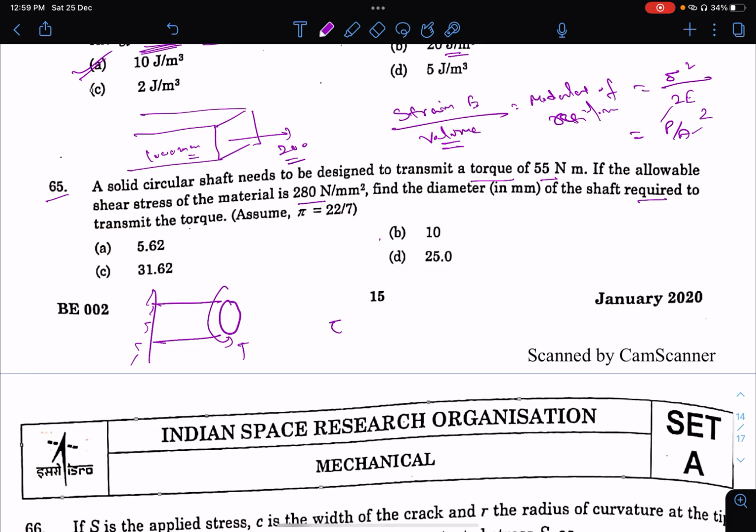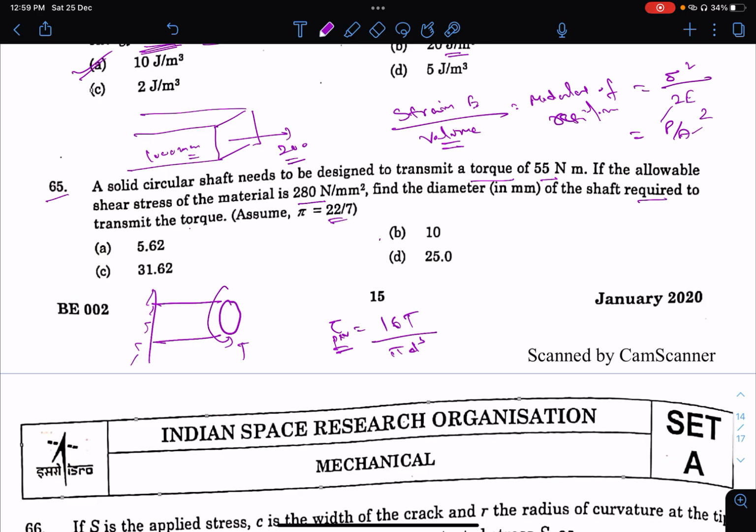So the stress developed will be 16T upon pi d cube, which equals the permissible shear stress. Pi they have given, take it as 22/7.